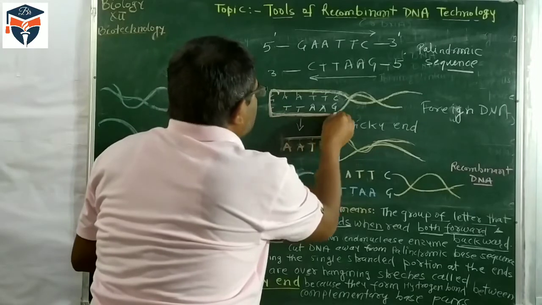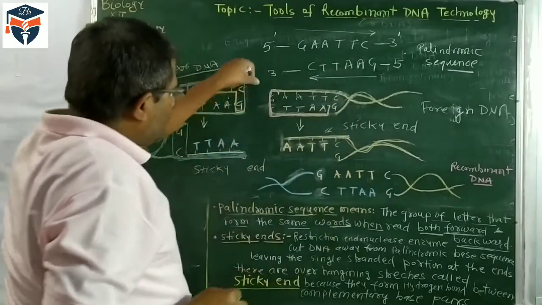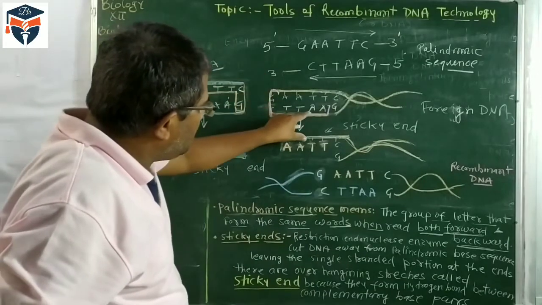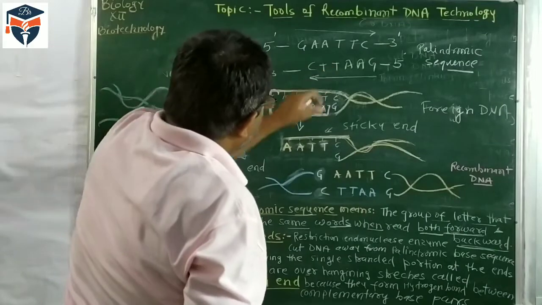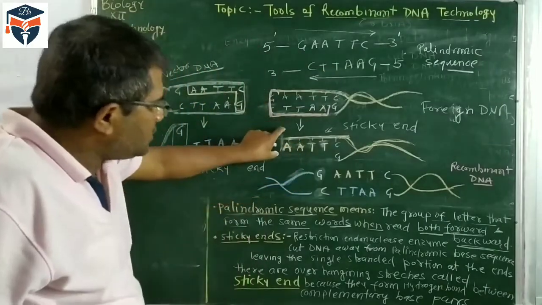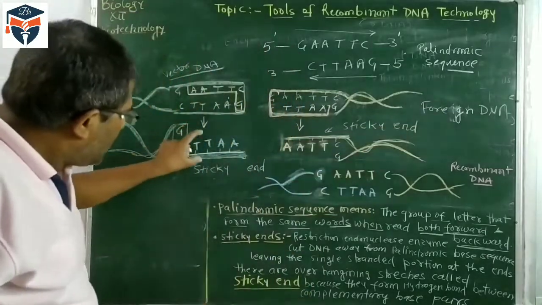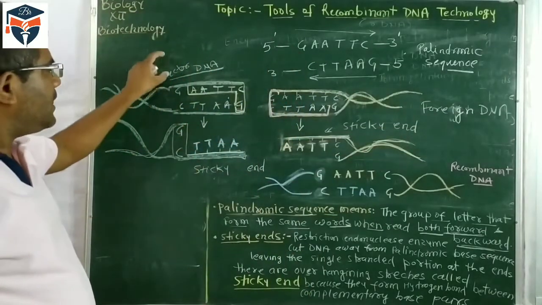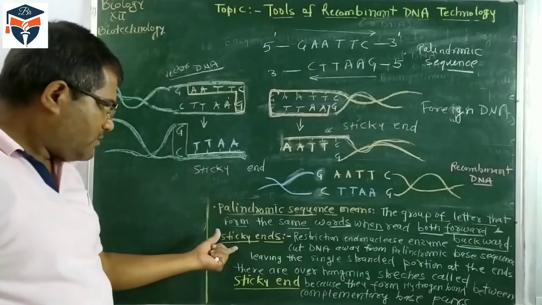When GC is cut, what is left is AATTC, this end. So this is called the sticky end of the foreign DNA, and this is the sticky end of the vector DNA.